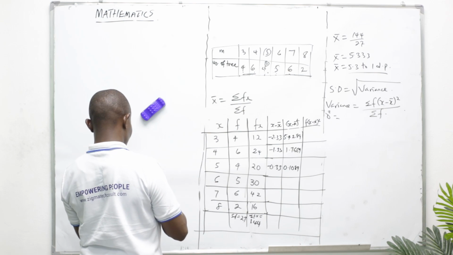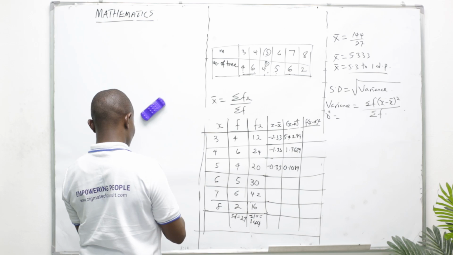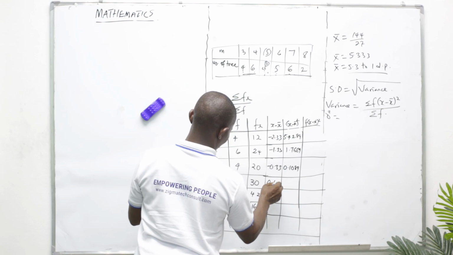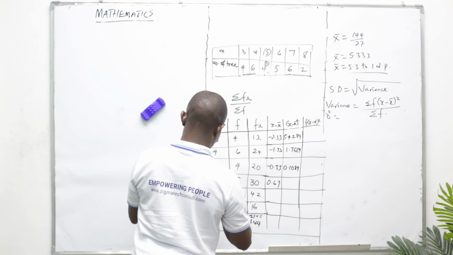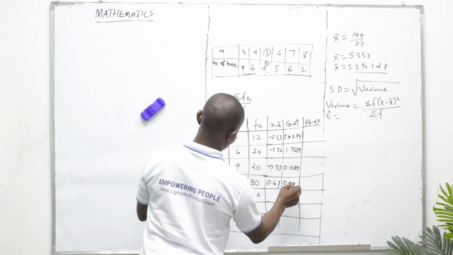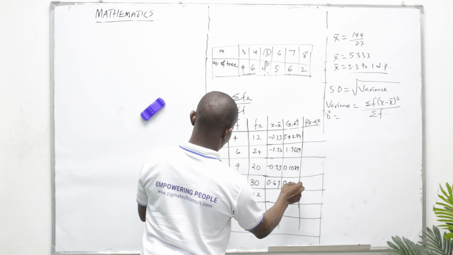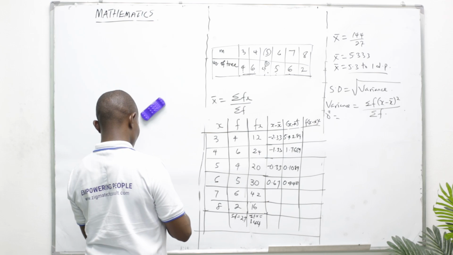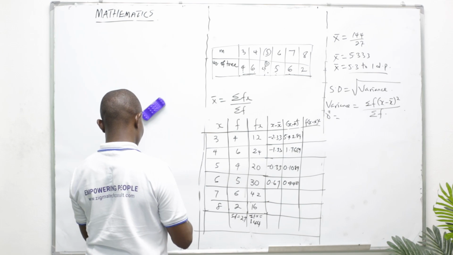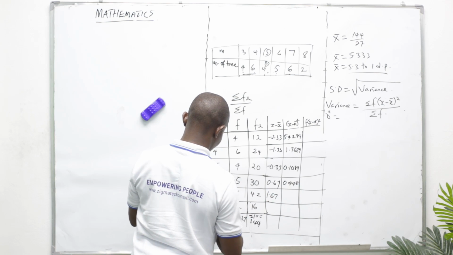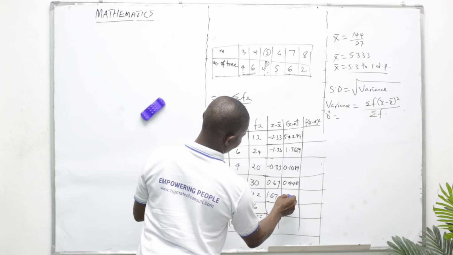Then 6 minus 5.33, 0.67 squared is 0.4489. 7 minus 5.33, 1.67 all squared is 2.7889.